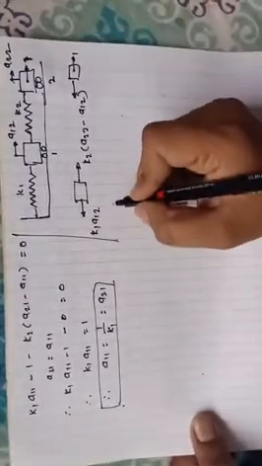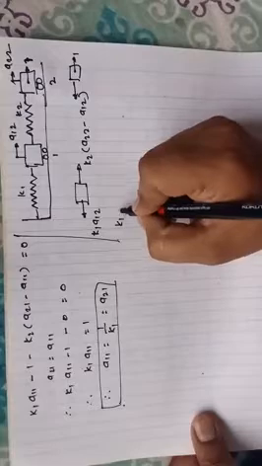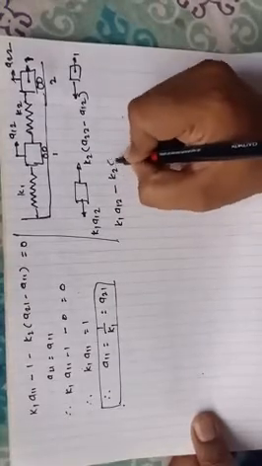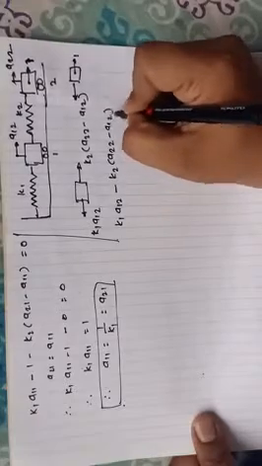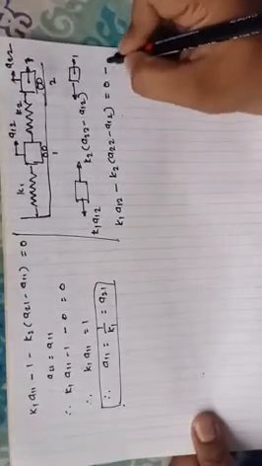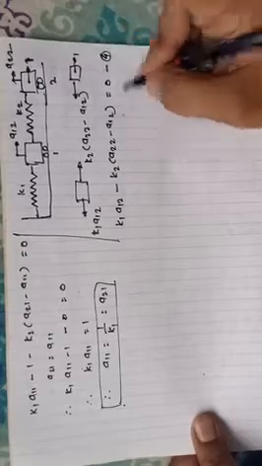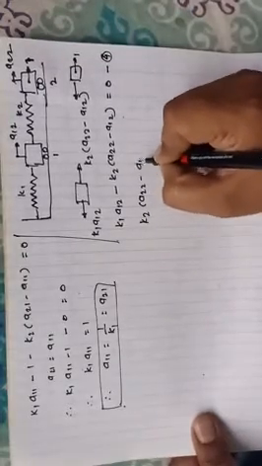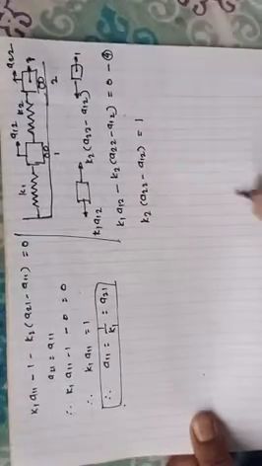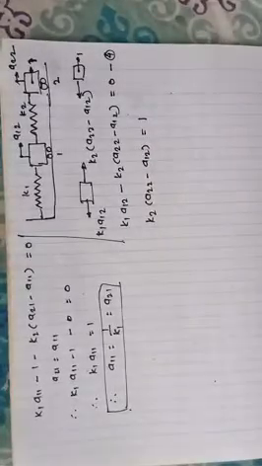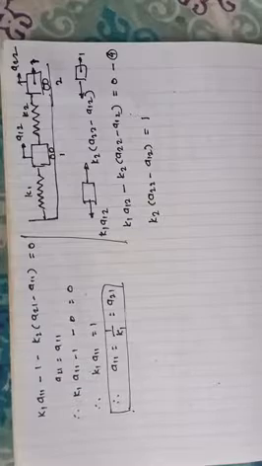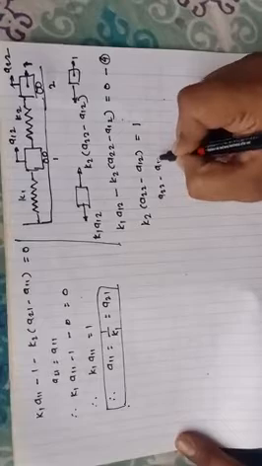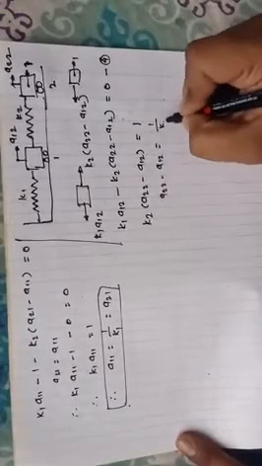So the equations of equilibrium will be K1 into A12 minus K2 into (A22 minus A12) is equal to 0. Suppose this is equation 4. K2 into (A22 minus A12) is equal to 1. So here A22 minus A12 will be equal to 1 upon K2.